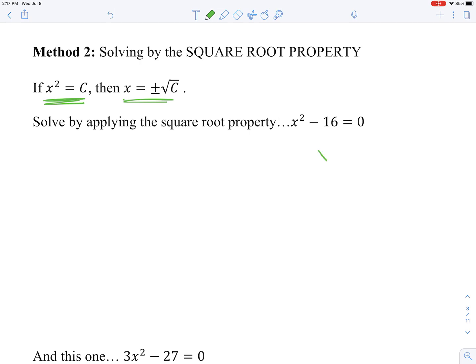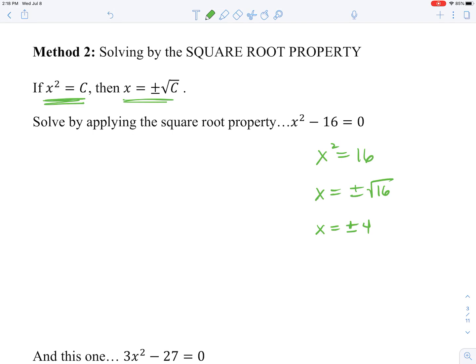So here, this could also be factored, right? That's a difference of two squares, and you could easily factor that quickly. Or if your brain goes directly to using square root property, that's totally fine too. So you can rewrite this as x squared equals 16 after adding 16 to both sides of the equation.